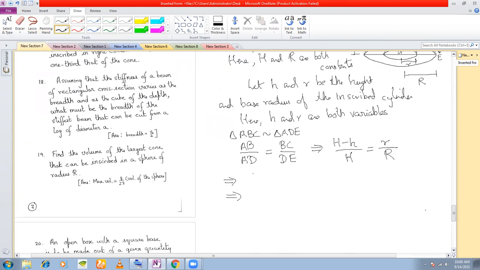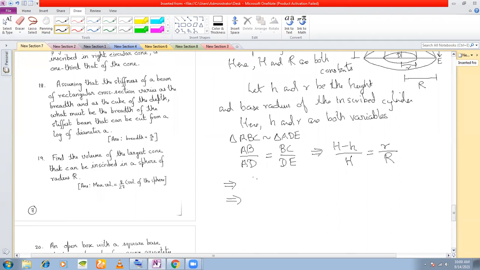So if you want to calculate h from here, you can write this as 1 minus h by H is equal to r by R. That means h by H is equal to 1 minus r by R. That means small h in terms of r is capital H times 1 minus r by capital R. Now you forget about capital H and capital R because they are constants.